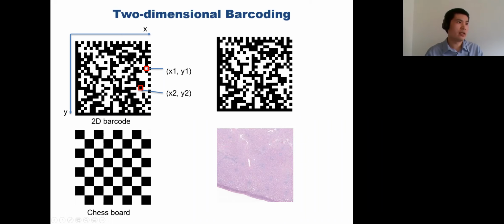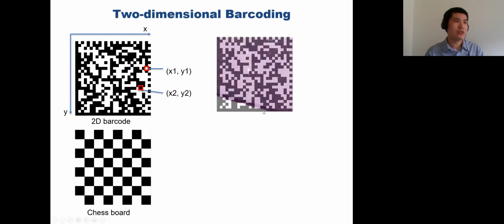As shown here, you have a 2D barcode, with an x-axis and y-axis. With the x and y location information, you can really find the spot here. So this is what we use for our method. For example, if you put x and y coordinates inside the tissue, you can later retrieve back the spatial information.